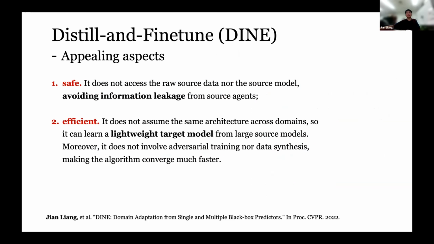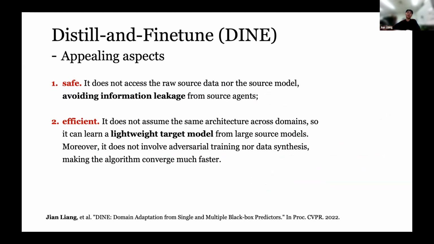Okay, next. To conclude this paper, we find that black-box domain adaptation is very appealing due to the following two aspects. The first is that it is quite safe, since it doesn't access the original source data nor the source models, so it is hard to recover the source data from these models.